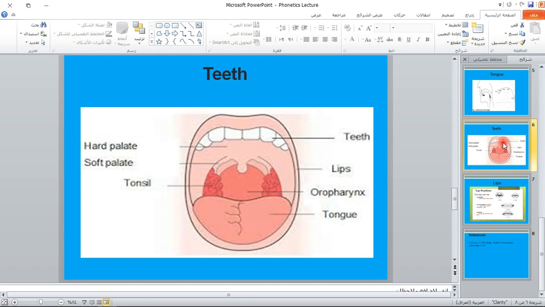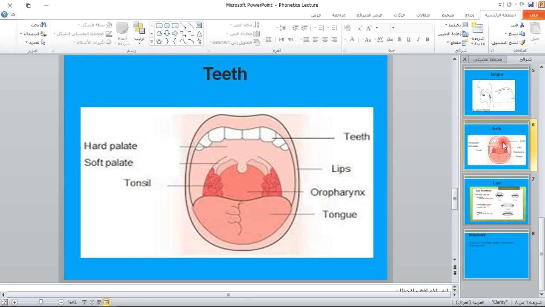Concerning the work of teeth and lips in production of speech sounds. As human beings, we have upper and lower teeth. Upper jaw is unmovable, while lower jaw is a movable organ of speech.